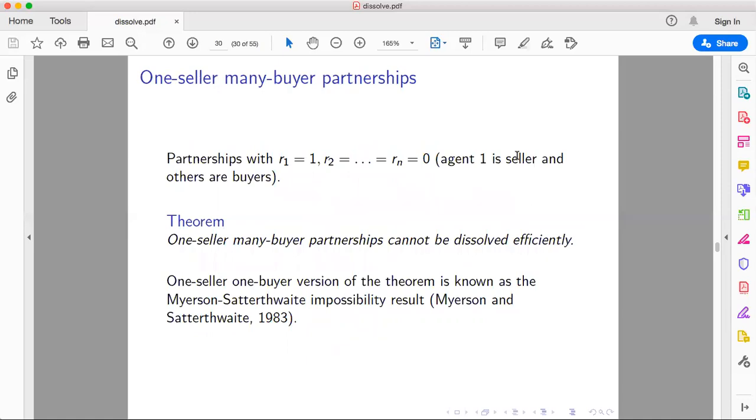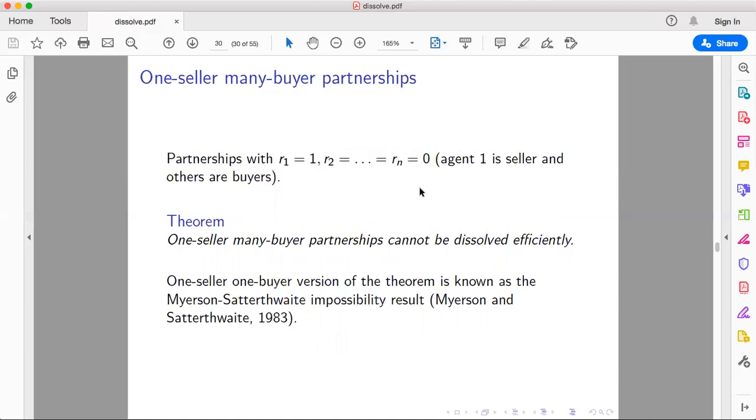Here is the first interesting corollary. The corollary is that one seller, many buyer partnerships cannot be dissolved efficiently. If you have a partnership where, let's say, agent one has the entire share and everybody else has zero share, then agent one is like the seller in this case, and everybody else is the buyer.